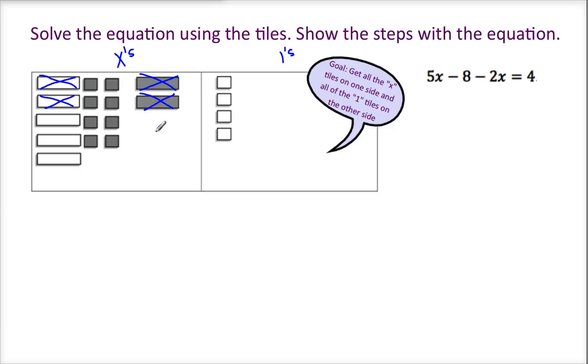So that would be a 0 pair. In our equation, what we did was we took 5x and simply subtracted 2x, leaving us with 3 x's. And everything else stays the same. So notice there's our 3 x's. Now that this side is simplified, we've found all the 0 pairs that we can.